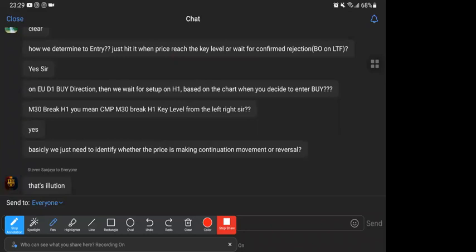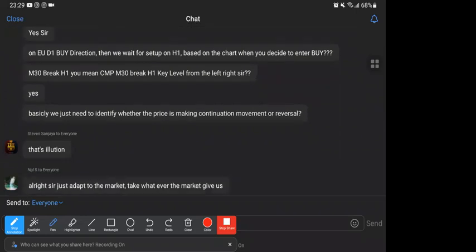Attachment in trading, as for me, is not really good because at the end of the day, we need to be flexible. That's why I don't even use the term confirmation. Some people use the bias or opposite as confirmation. Even if it's the same time frame, the word confirmation gives you attachment.